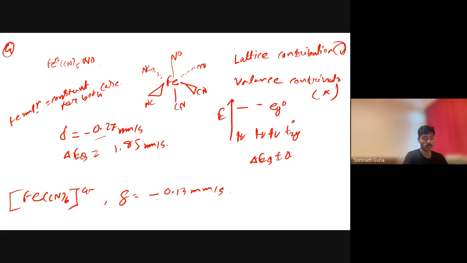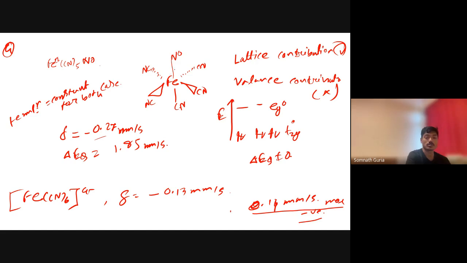That means it is more negative, around 0.14 millimeter per second more negative. That means the nitrosyl group has a higher electron pulling effect than cyanide.